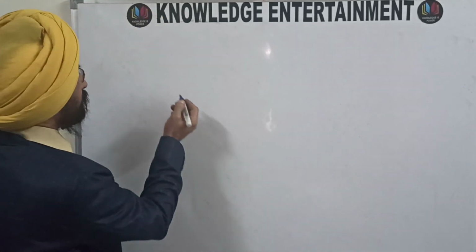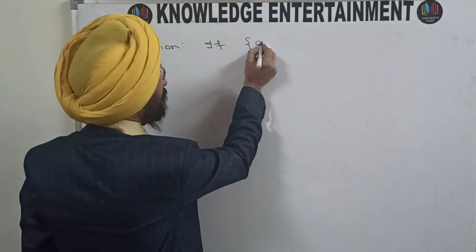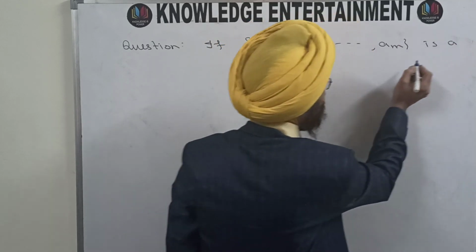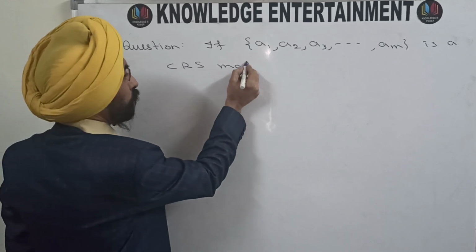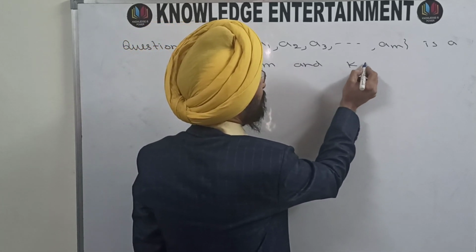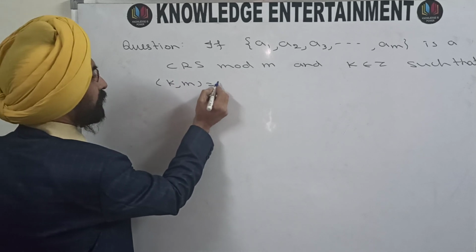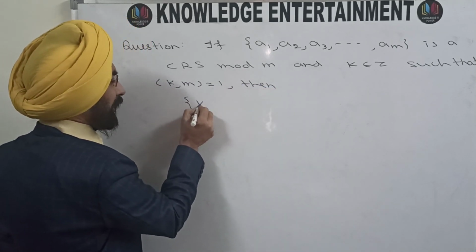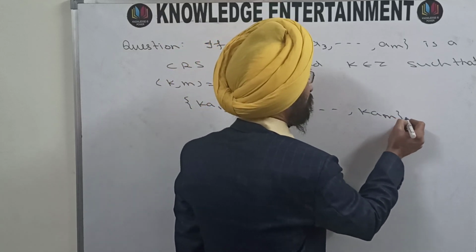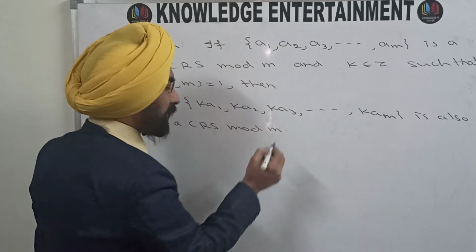So, one question. If A1, A2, A3, up to AM is a complete residue system modulo M, and K is an integer such that GCD of K and M is 1, then KA1, KA2, KA3 and so on, up to KAM is also a complete residue system modulo M. This we have to prove.